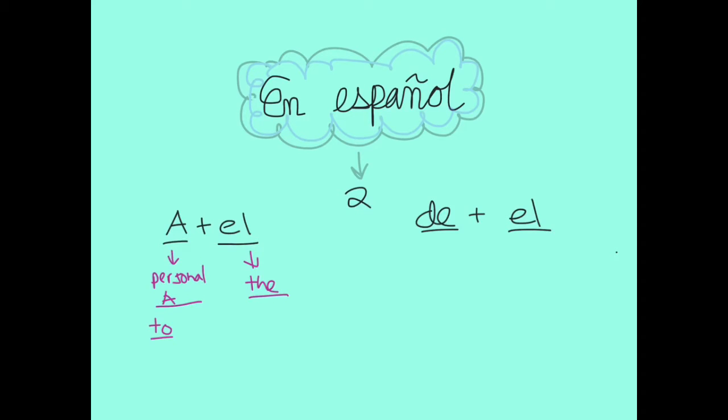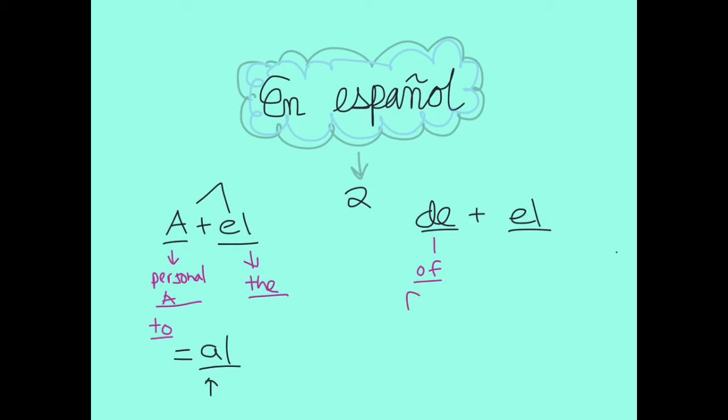This is not he. There's no accent mark above this. It's the. Now, when these two words are side by side, they form a contraction. So instead of a and el separately, they become al. The reason that happens is because of these two vowels. It's hard to get that space in, so it's much easier just to collapse the two words into one.